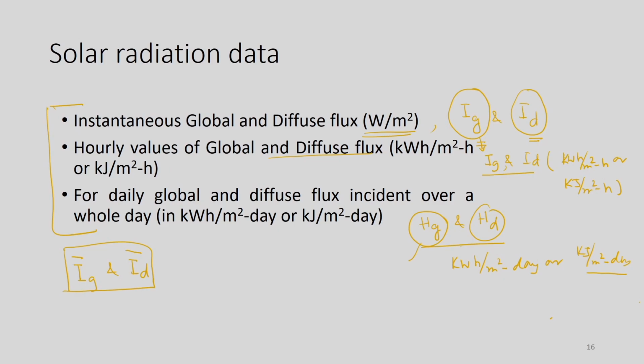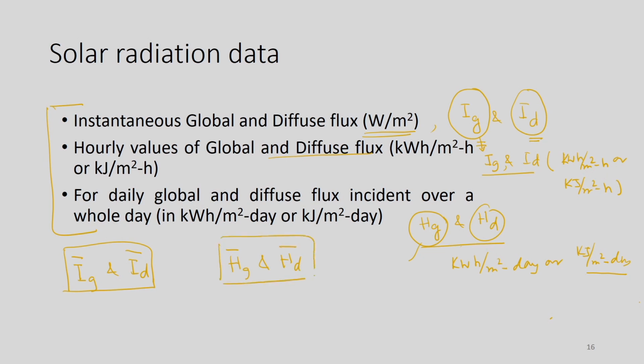Also, sometimes researchers require average values of daily global and diffuse radiation. If we are concerned about the average of daily global and diffuse radiation, then we will use Hg bar and Hd bar.